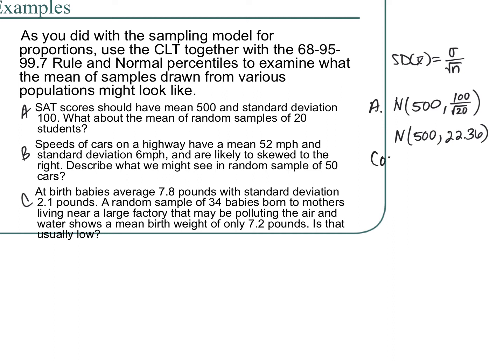Our conditions are less necessary when the population is normal. Again, it tells us a random sample. That still has to be true. The sample has to be random.